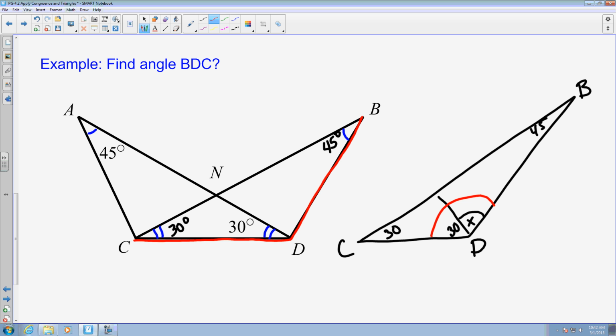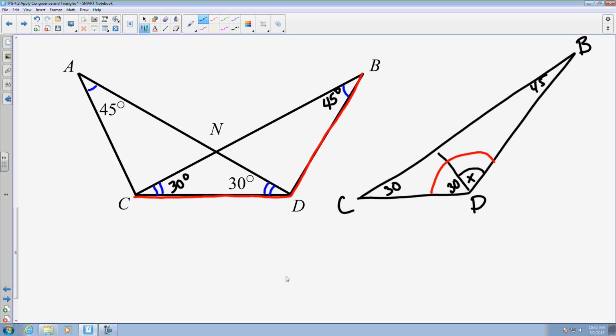So since we looked at corresponding angles to help us find some other angles, we now can use the triangle sum theorem from early on in chapter 4 to help us figure out what the value of x is going to be. And the value of x is going to be 30 plus 45 plus 30 plus x is going to equal 180 degrees.